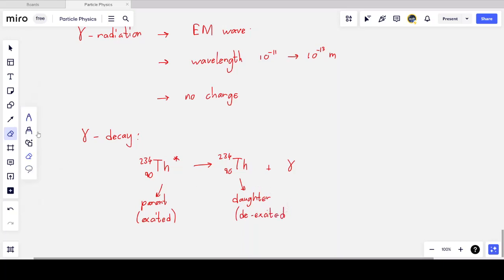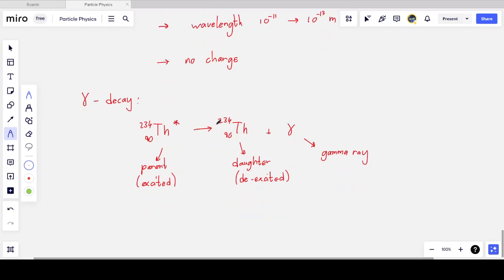It's you before and after having coffee, and then a long time after having coffee, going from excited to de-excited in some amount of time. And the emission is a gamma ray, so the emission is energy. And this gamma ray has, like we say, a very short wavelength.